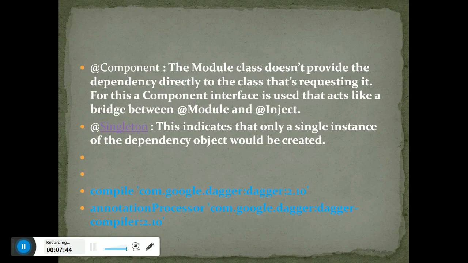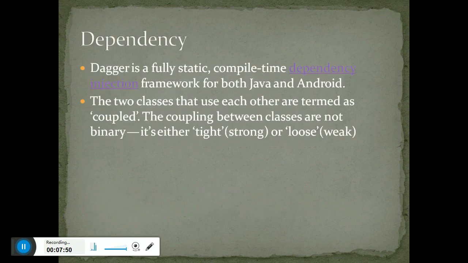These two go in the compilation for your Gradle. So this is the area in which we have to work. And Dagger is a fully static, compile-time dependency injection framework. So the design pattern is dependency injection, and Dagger is a framework that follows that DI.